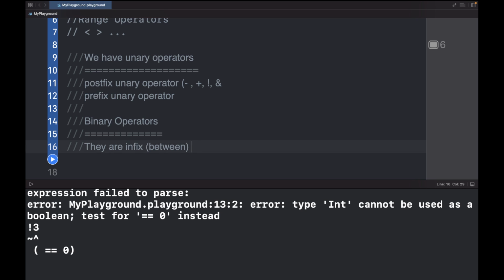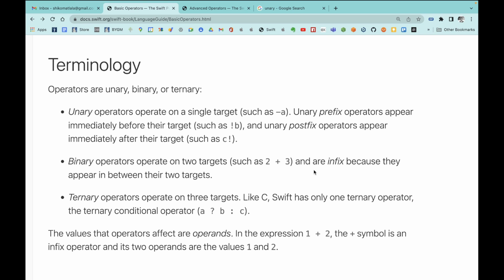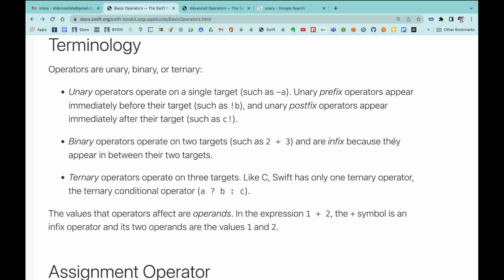For example, if we have 3 plus 2, this here is no longer a positive, it's an addition, and it's infix. And we know this works like a charm. It does what it's supposed to do. And are infix because they appear in between the two targets.